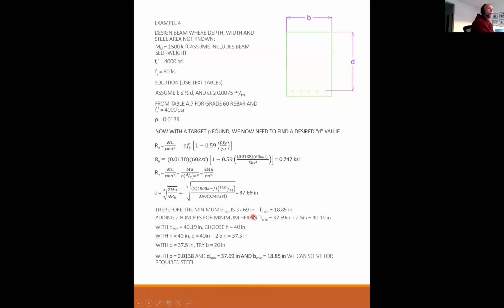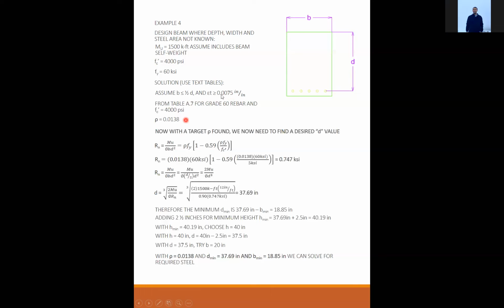This is the one that we got from the theoretical equivalent. So basically what we fed into the machine is the desired capacity and our target rho, which corresponds to epsilon sub T of 0.75.